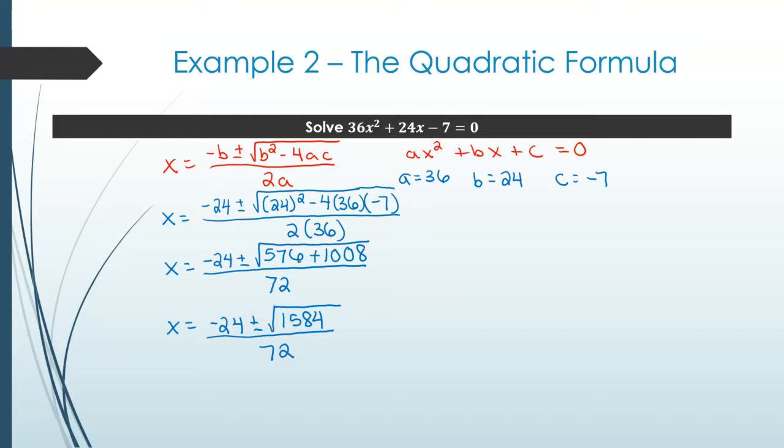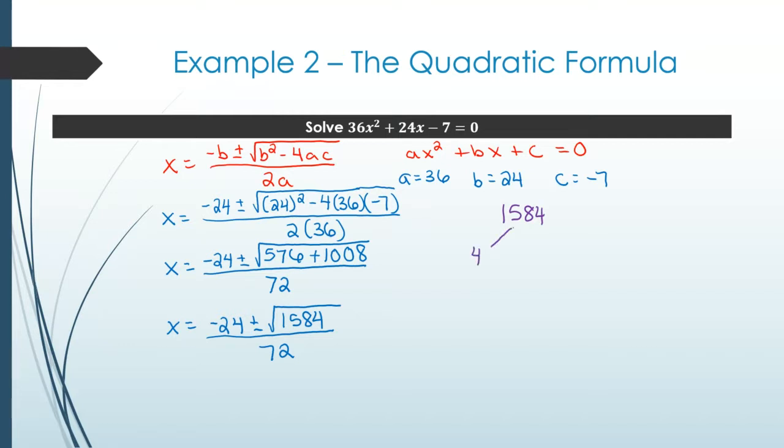So now that is a skill way back from P.2. 1584 is not obvious to me how that would simplify because it's such a large number, so I would make a factor tree to do that. So I'm going to start with my factor tree. And I'm going to make a guess that 1584 is divisible by 4, and it is.